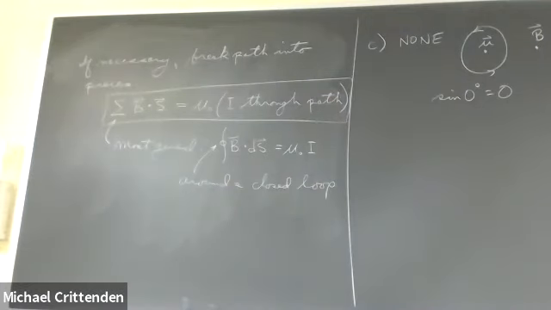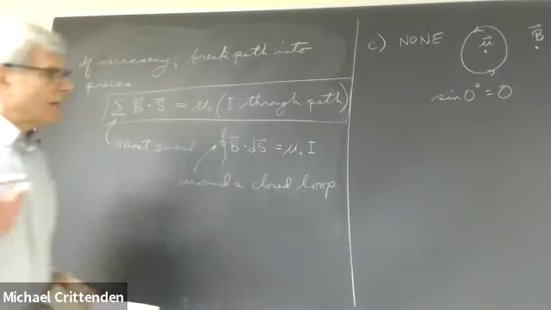The little circle on the integral sign is just to indicate what you should be picking for your limits of integration. You should be picking limits that cover the entire loop all the way back to some starting point. So that's Ampere's law.